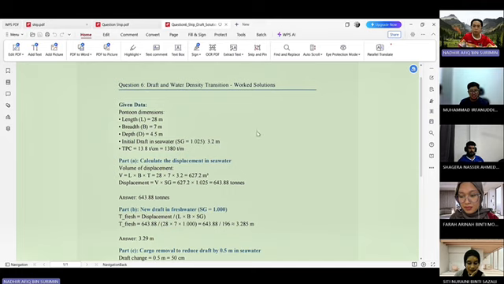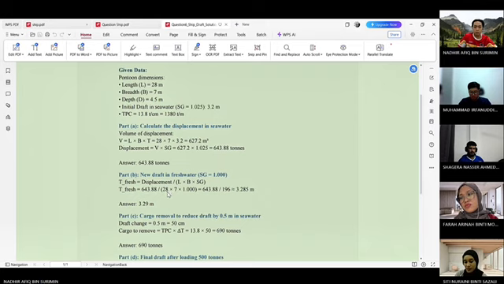Next, the draft for freshwater: 6388, and with the same formula we get 3.285 meters.